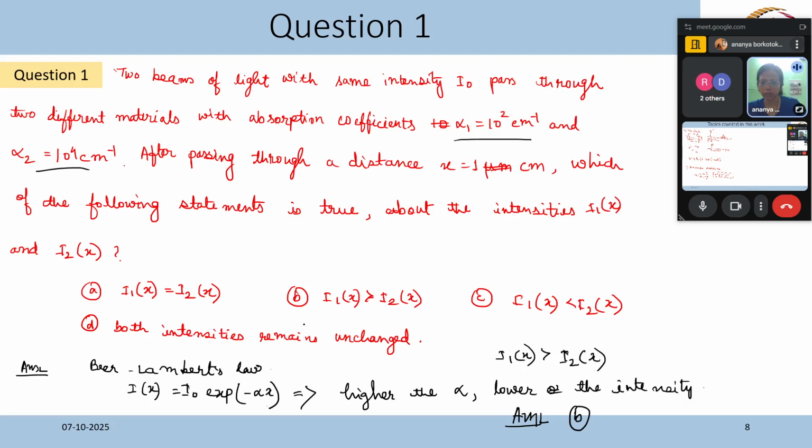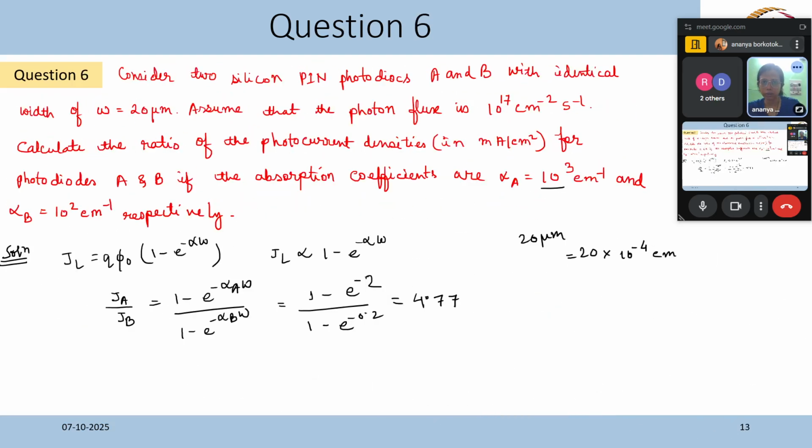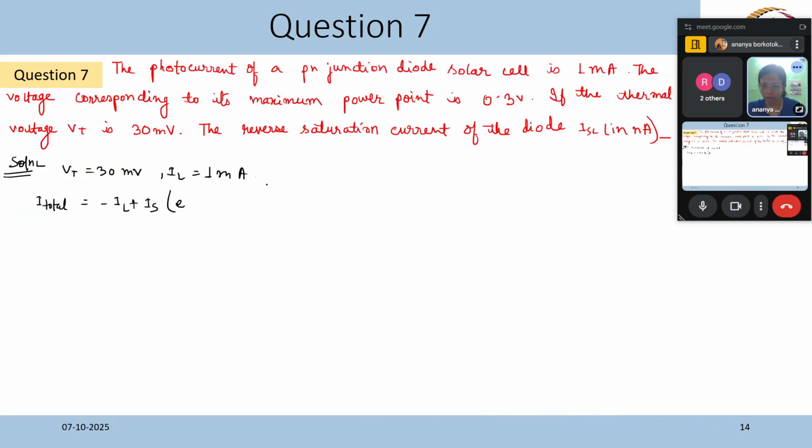So I'll directly write that in the expression: IS exponential V by Vt minus 1. Let's take for the calculation the photocurrent as positive and this as negative. This is the convention. Whatever the photocurrent, that is our positive direction of current. Okay. So what is the maximum power point?